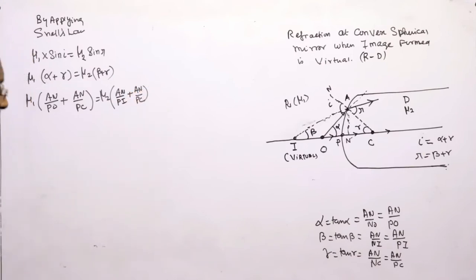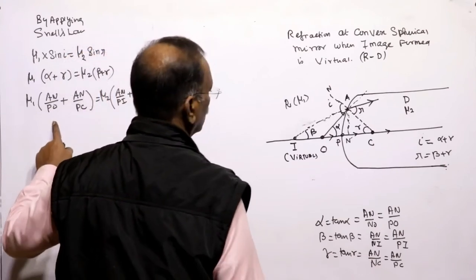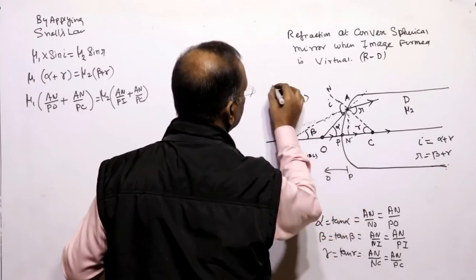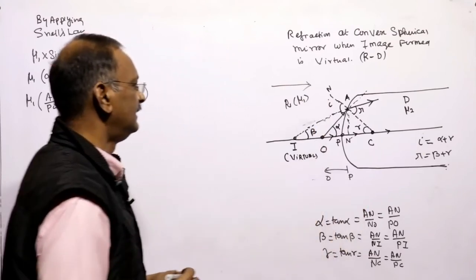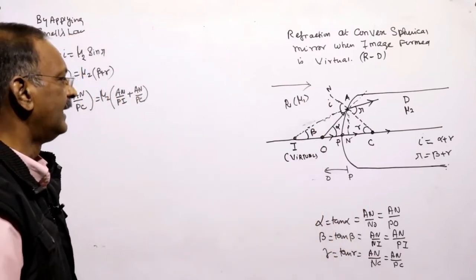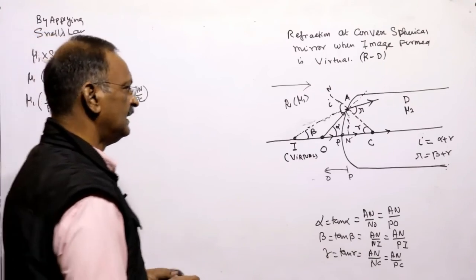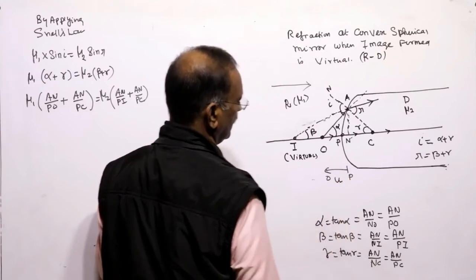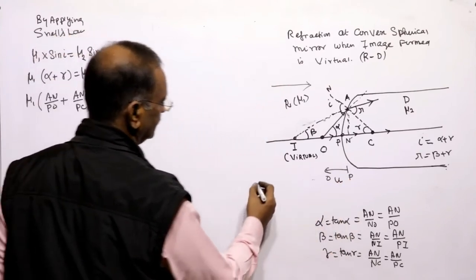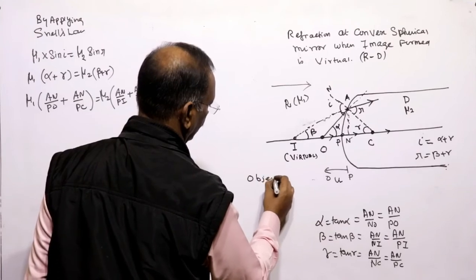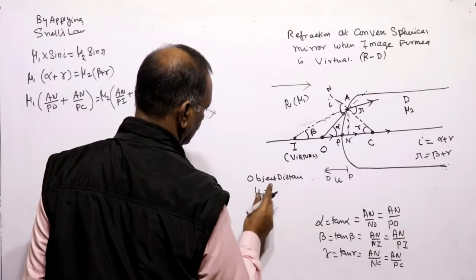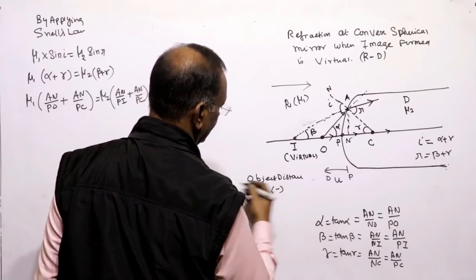Now we have to give respect to the sign convention. What is the sign convention? This is PO, and this is the ray direction. We are coming against the ray direction, so it is negative distance. This is the object distance u, which is a negative quantity.